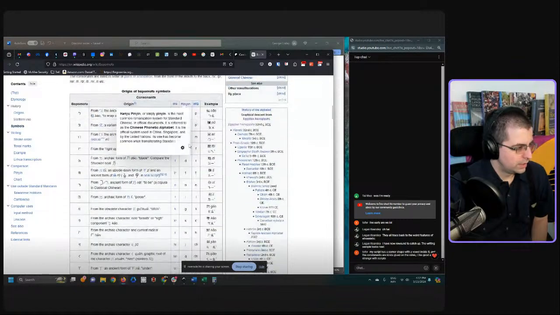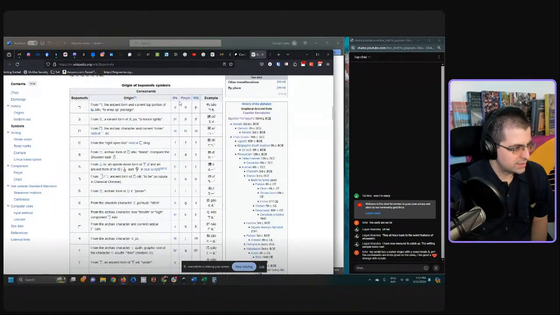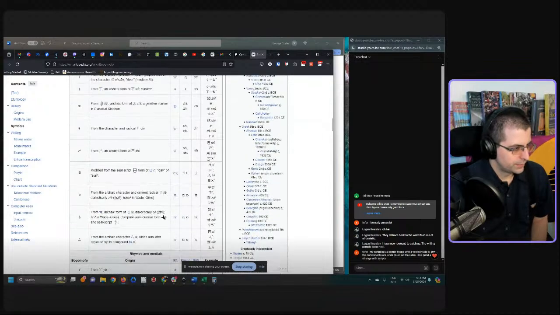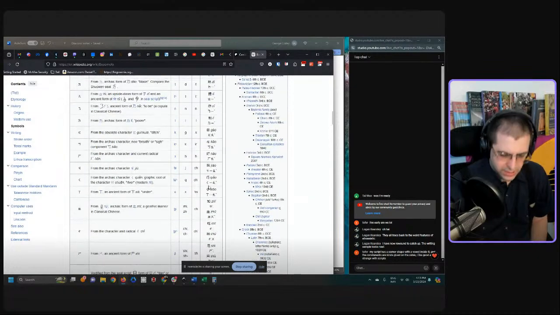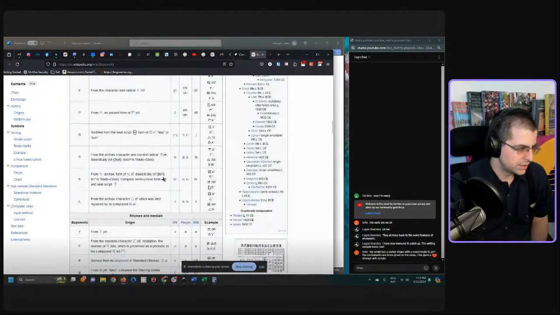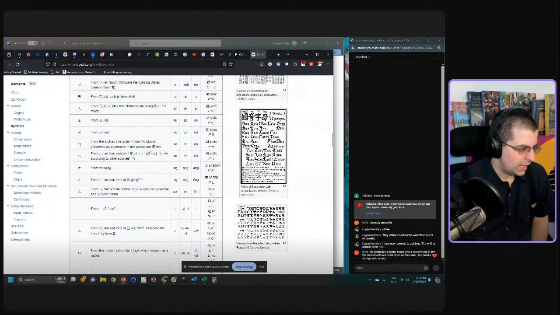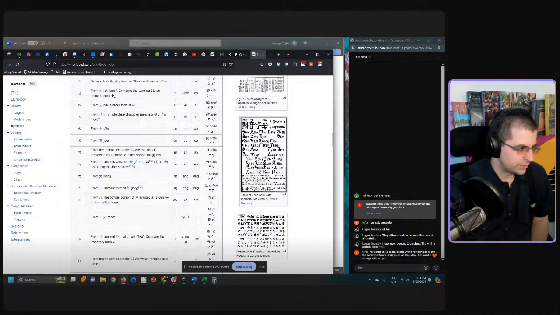It has the initials represented, which are basically onsets. There's some things that are a little different, and then there are the rhymes, the medials and finals.